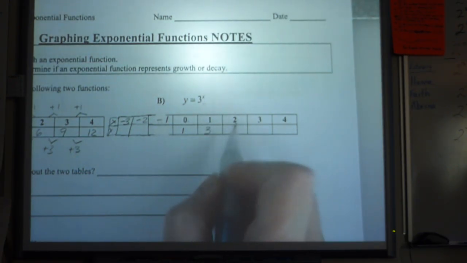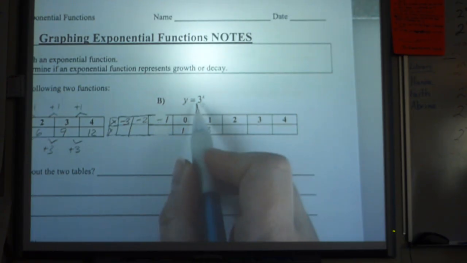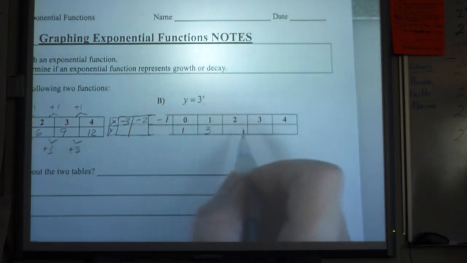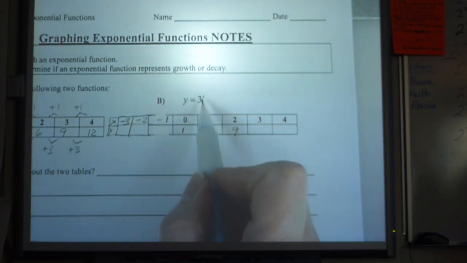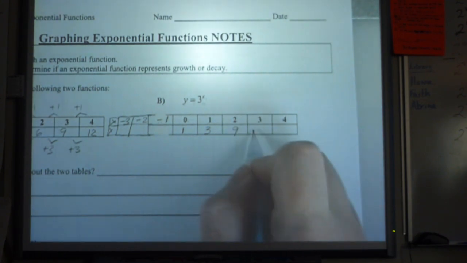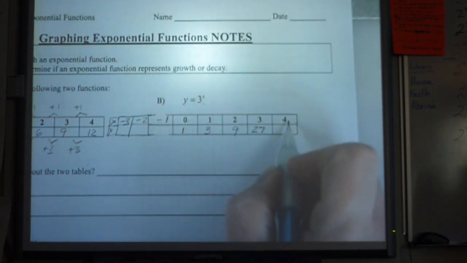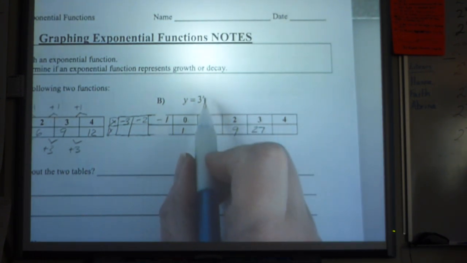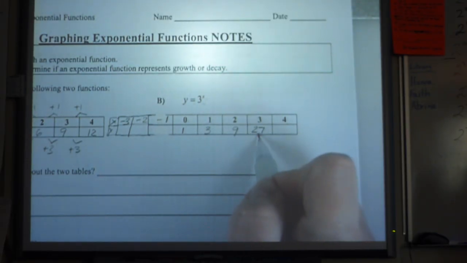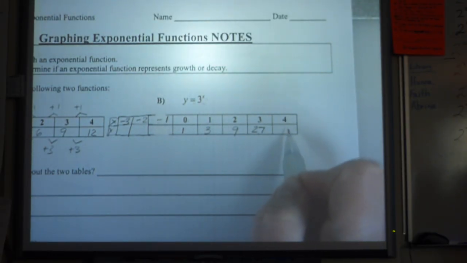Nice. If x is 2, we will have y equals 3 squared, which will equal 9. Thank you. If x is 3, we will have y equals 3 to the 3rd. 3 times 3 times 3 is 27. And then 3 to the 4th power will be 27 times 3, which will give us 81.